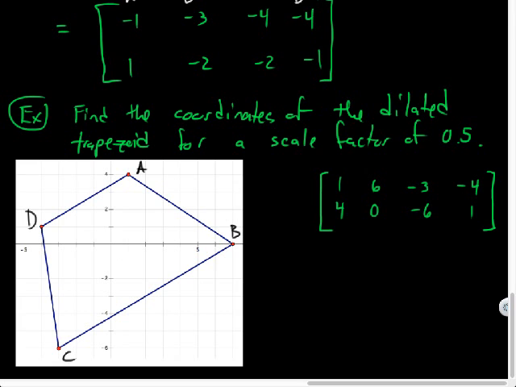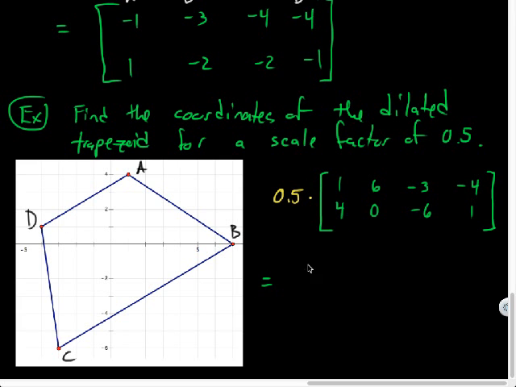So it turns out, in order to do a dilation with matrices, we're going to take our scale factor of 0.5 and make it a scalar, almost. 0.5, I'm just going to multiply the whole matrix by that.